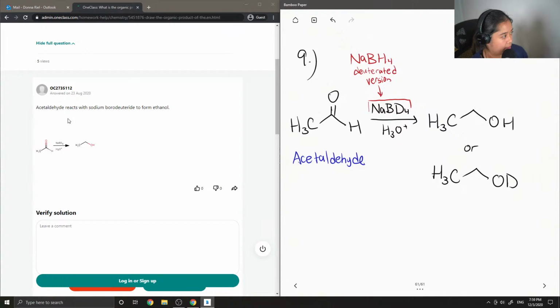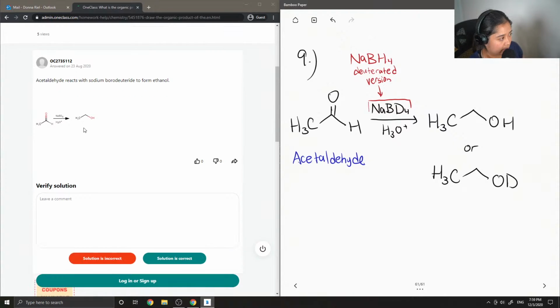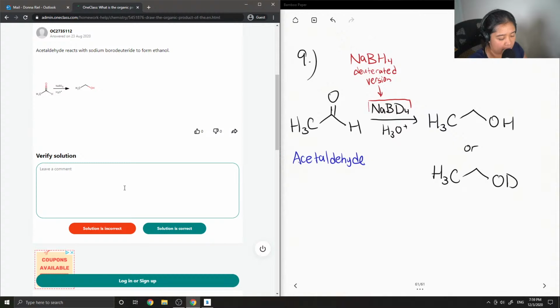Okay, so acetaldehyde reacts with sodium borodeuteride to form ethanol. Yeah, so I'll just say the solution is correct, and then I'll just add a note about how the ethanol could also be the deuterated form as well.